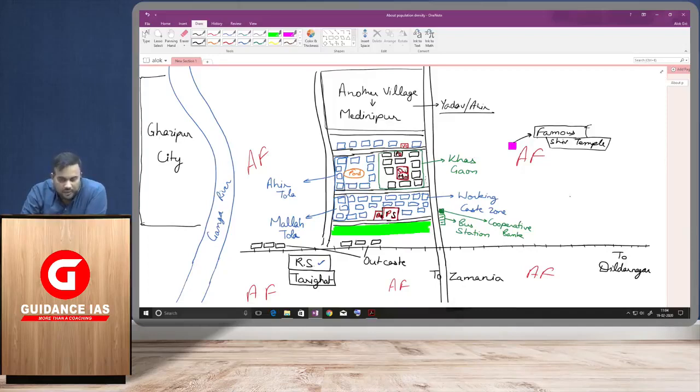Now there is one topic which is not there, let's do that. Factors and changes in the morphology of Indian villages. What we find is that the morphology of Indian villages has been fast undergoing changes.